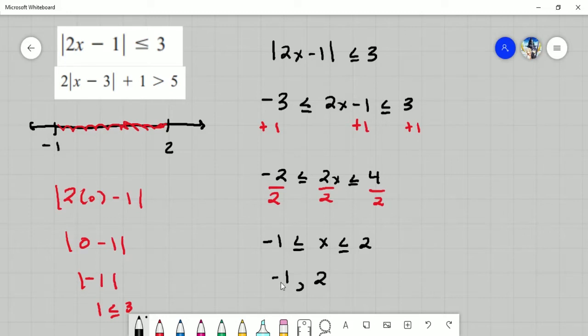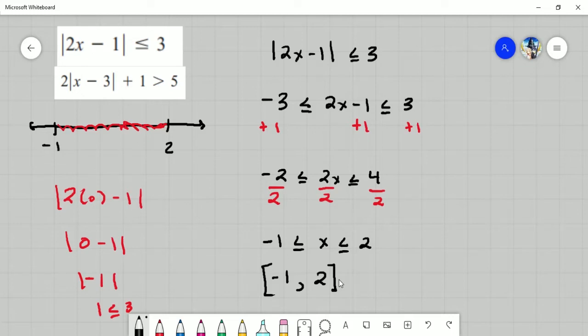What will enclose them will be brackets. The reason we're using brackets is because our endpoints are included in our solution, because those endpoints also make our statement for the inequality true. So we have to include those endpoints as well.